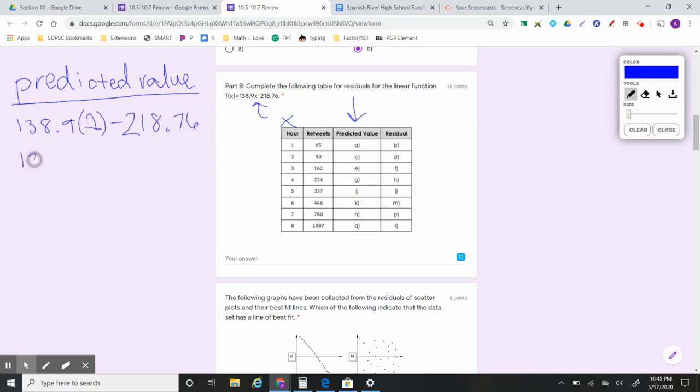That gives me 138.9 minus 218.76. And for that, you get negative 79.86. So that would be your A value.